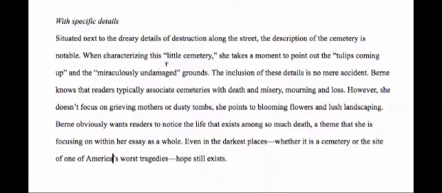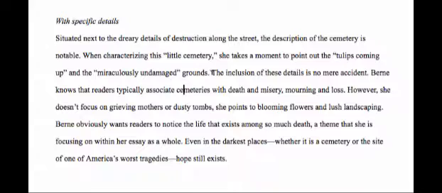When characterizing this little cemetery, she takes a moment to point out the tulips coming up and the miraculously undamaged grounds." Okay, so we've started this off by providing examples. Again, you don't have to write about these things in a scripted order. So one of the things that has to be done is that you have to directly quote things from the passage anytime you're analyzing.